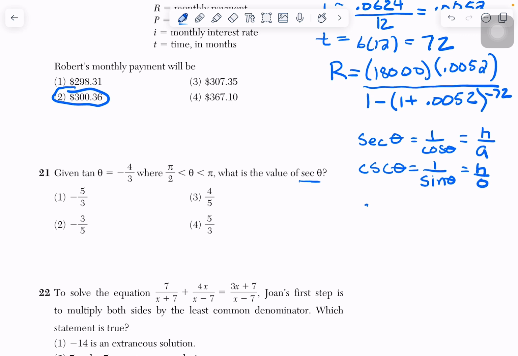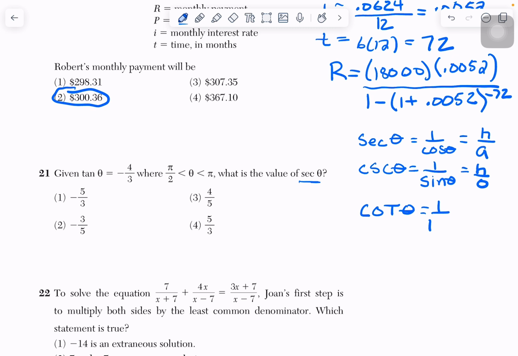And then there's a cotangent. Cotangent theta, right? It's the opposite of tangent. It's 1 over tangent. Tangent is opposite over adjacent, TOA, so this one's adjacent over opposite. All right, now let's look at the problem. It's given now a couple of things, right?